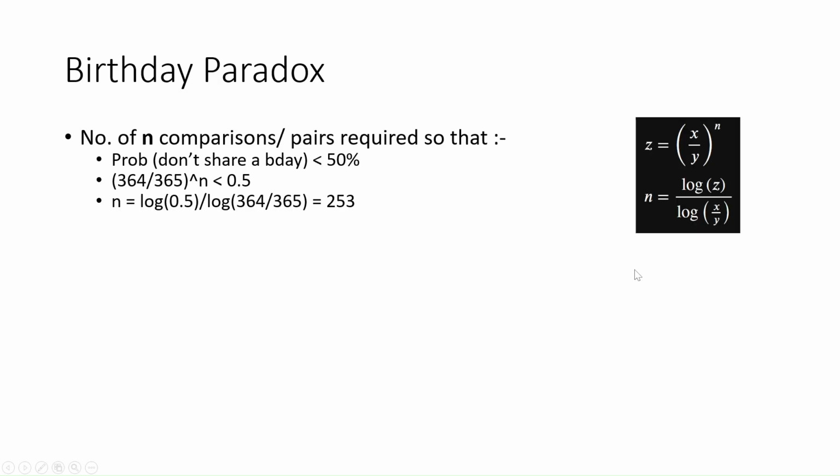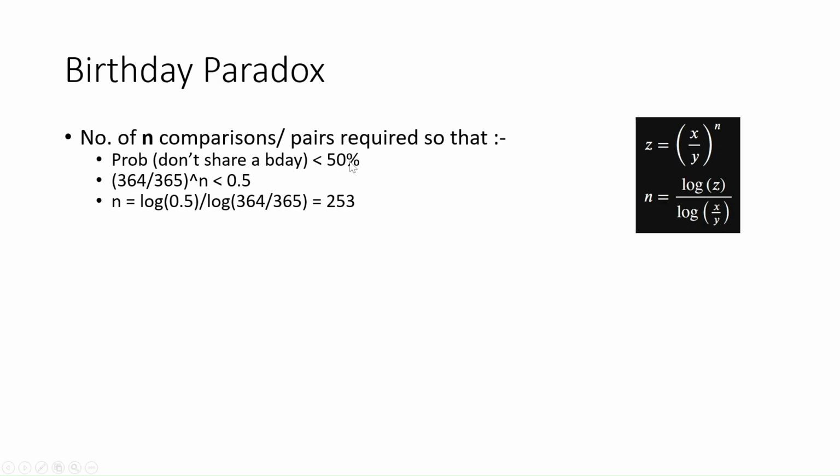Now we have to figure out this n first, and that will give us the number of pairs that are required to give a probability of 50% or less. So we are going to calculate the probability that none of these n pairs have an overlapping birthday, and that probability has to be less than 50%.